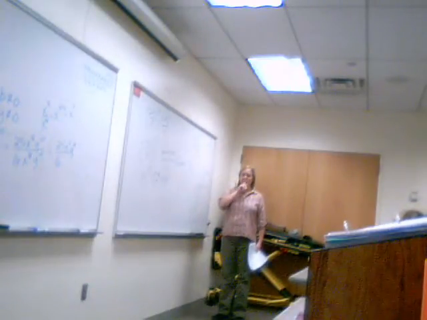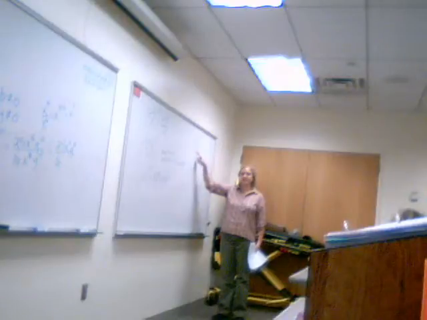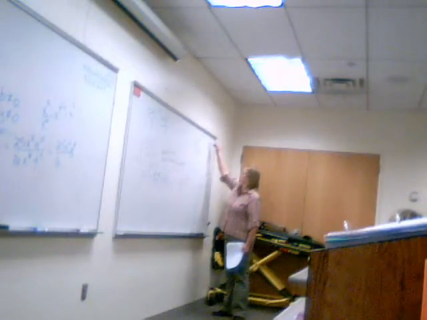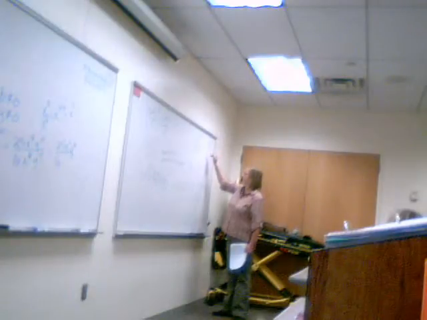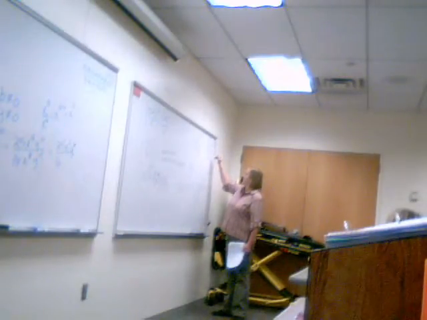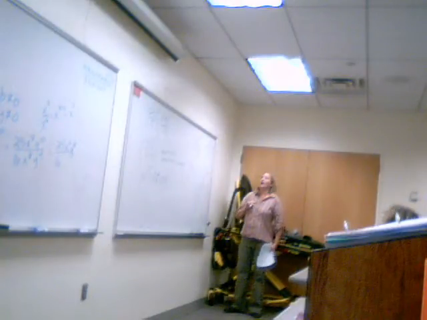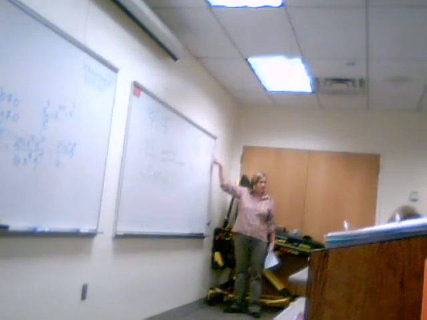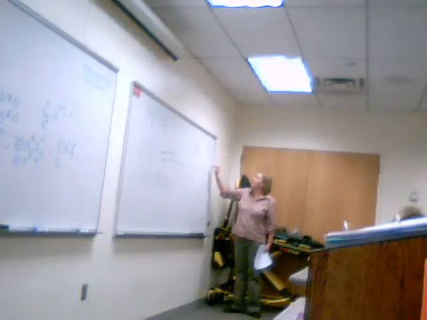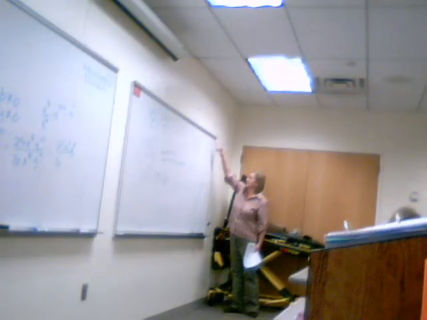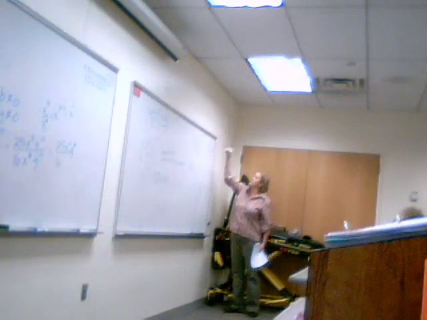Here I have negative, right? Because I have 2 minus 5. When I have x squared divided by x to the 5th, I get x to the negative 3. Another way to write x to the negative 3 is to write it 1 over x cubed. Because this negative sign in an exponent means reciprocal.